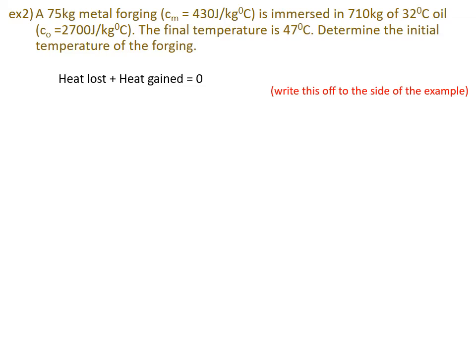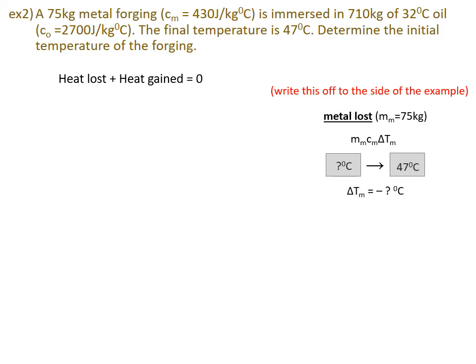And who is losing heat? It's the metal. 75 kilograms of metal, and it's losing heat. And it's starting at some initial temperature we don't know, but we do know in the end it will be 47 degrees Celsius. Now that's a change in temperature, so Q equals mc delta T. The change in temperature, we don't know exactly what it's going to be, but we know it's going down.